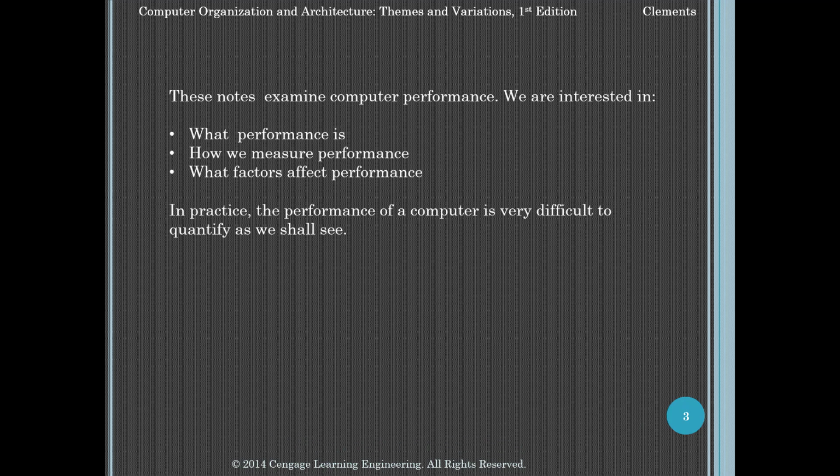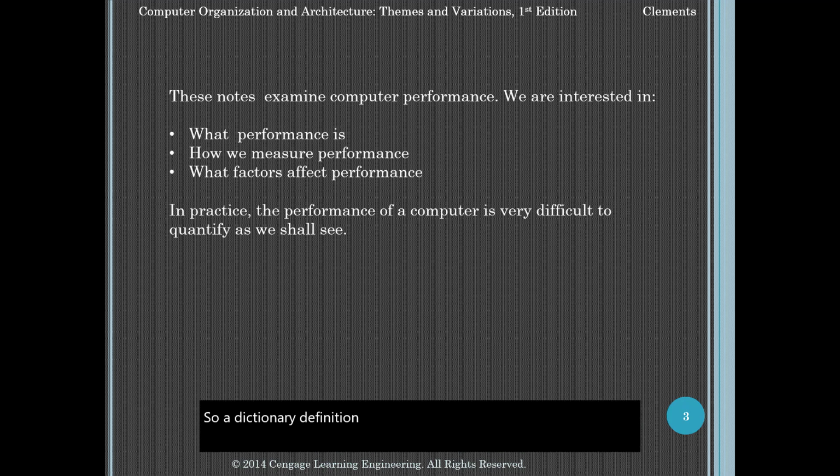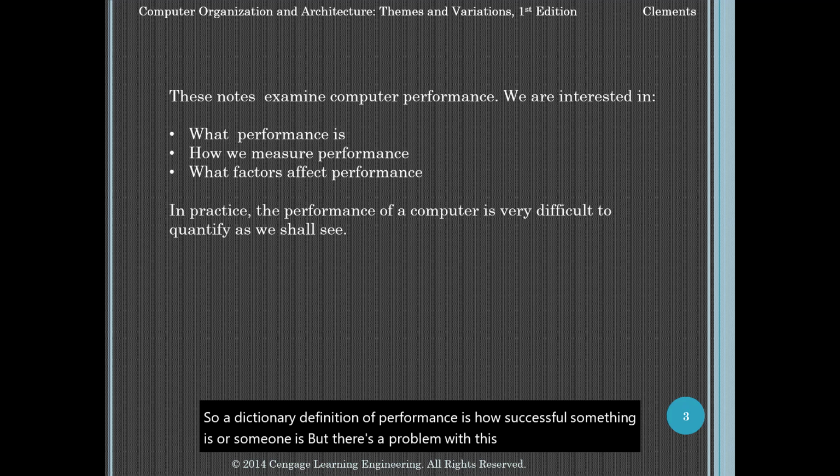So a dictionary definition of performance is how successful something or someone is, but there's a problem with this kind of definition because it's almost entirely useless. It simply replaces the word performance with the word successful, and that doesn't really give us any more information about what performance really is.